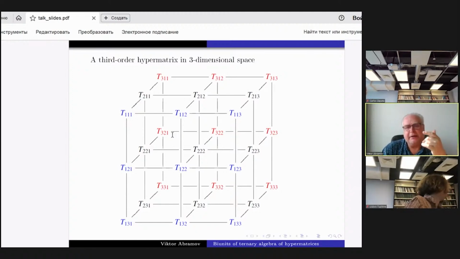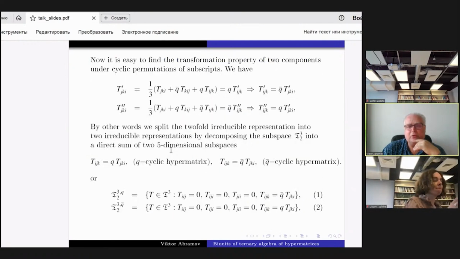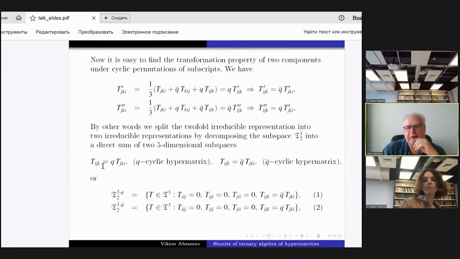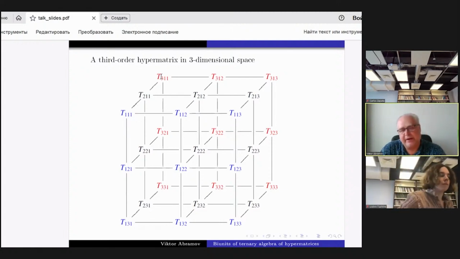Because I usually denote these entries, I will go back a bit. I will denote them I, J, and K. I is the first, J is the second, and K is the third subscript. I call this the I direction, because here the first subscript increases, 1, 2, 3.